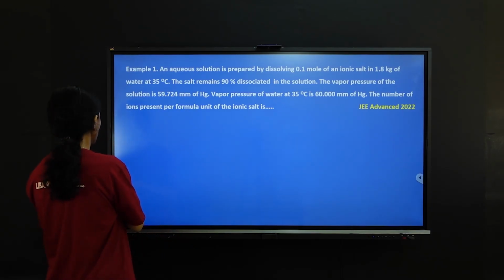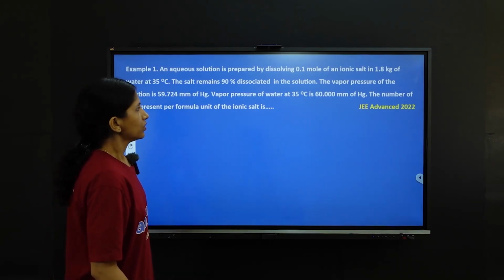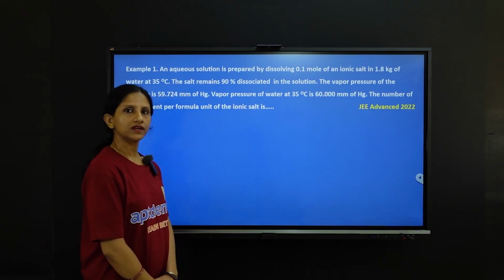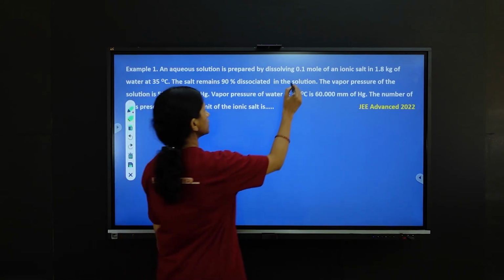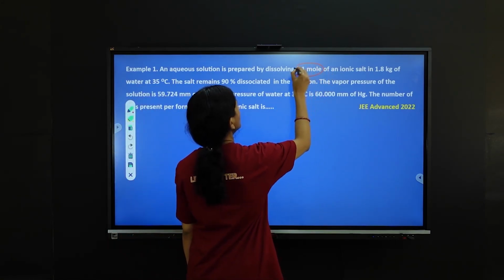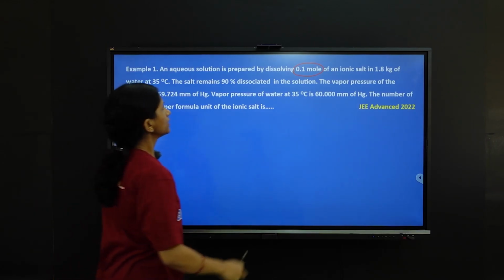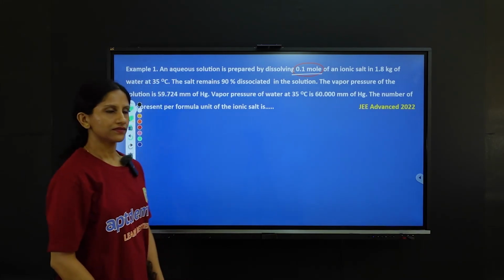So let's see what information is given and what we need to calculate. Because this is an ionic salt, it will get dissociated in the solution. The concentration of the solute is given.